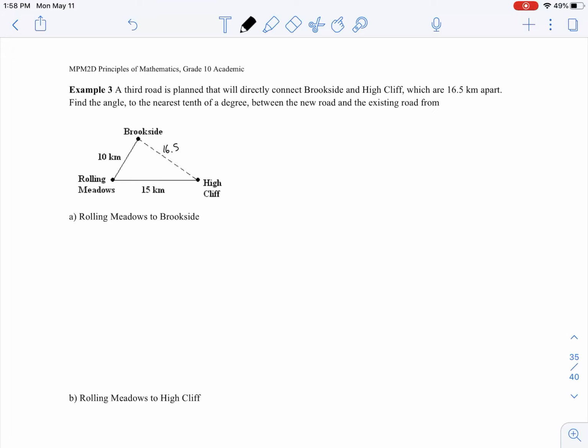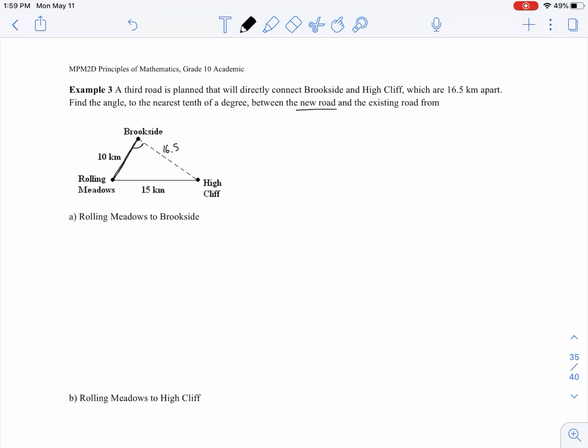Find the angle to the nearest degree between the new road and the existing road from A, Rolling Meadows to Brookside. So this is the existing road, Rolling Meadows to Brookside, and they want the angle between the new road and that one.